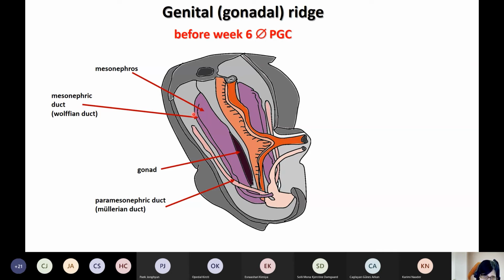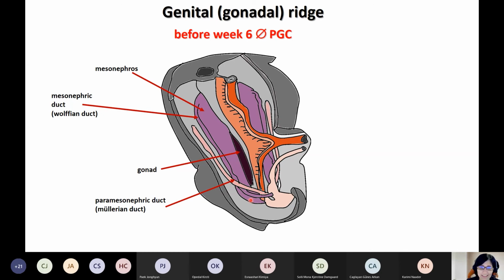It will be important for us. This is called the mesonephric duct or Wolffian duct, plays the key role in the male development, in the genital canals of the male development. On the lateral side of it, we have the paramesonephric duct or Mullerian duct, which has the main role during the female development.